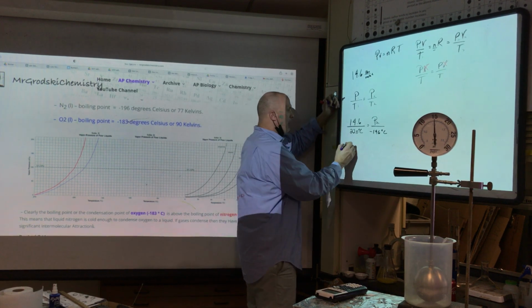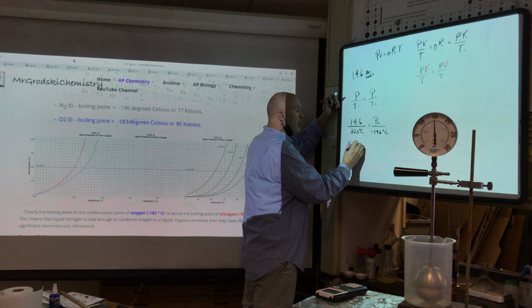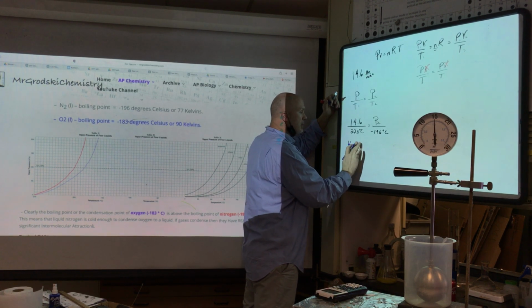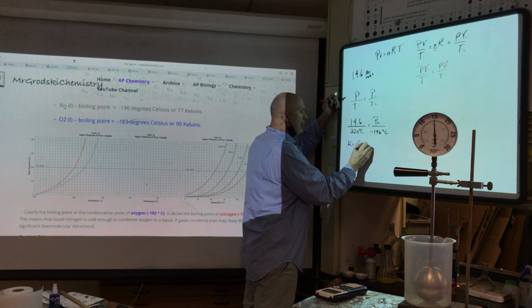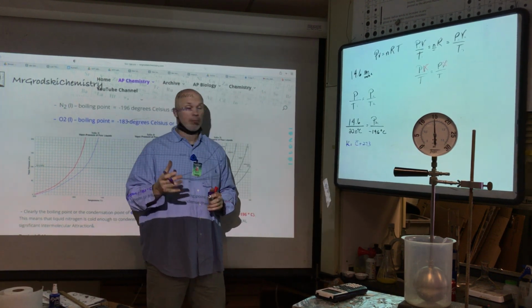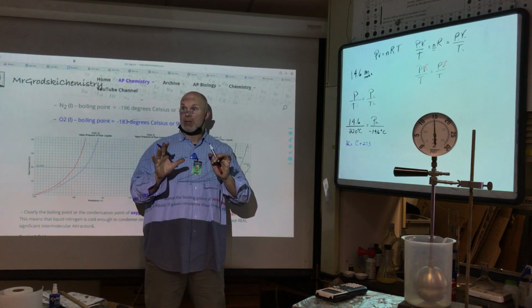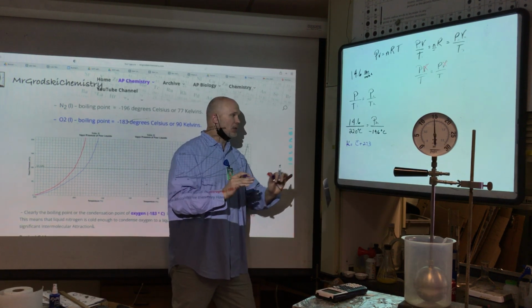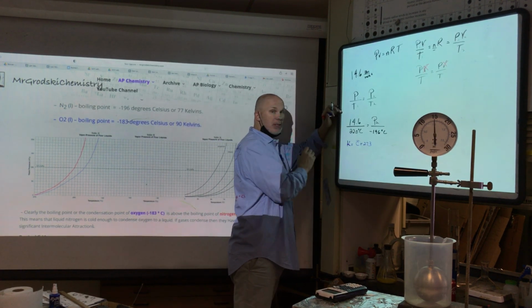Very simply, Kelvin is equal to Celsius plus 273. I always think of Kelvin as starting 273 degrees sooner, using the same scale as Celsius. That's why Kelvin doesn't get a degree sign.